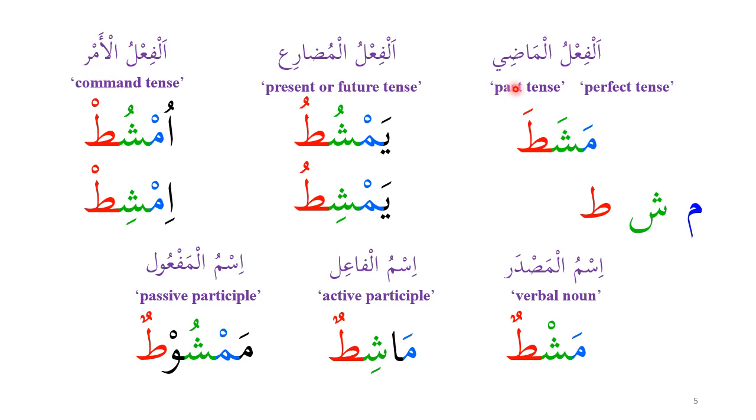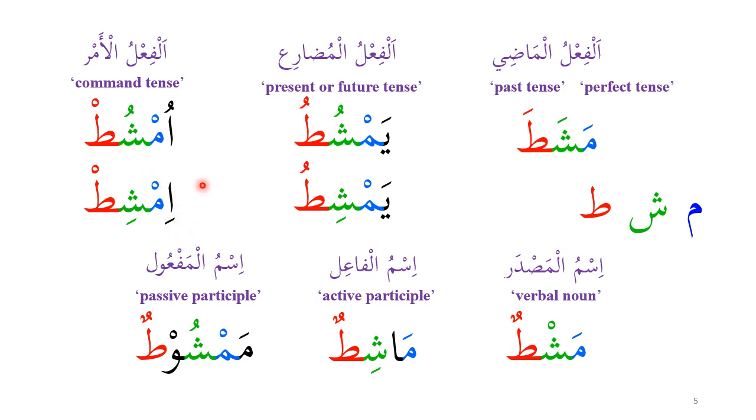So notice the three tenses in Arabic: al-madi, al-mudari'a, al-amr. So mashata, yamshutu, umshut. And notice another thing, I've told you in the command tense, umshut, alif with dhamma means a person is worked upon, is ordered, or imshit also is there. So this means this action is done by another person, or a helping hand is necessary.